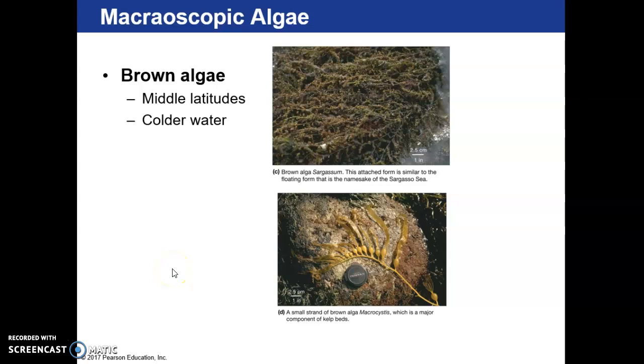Kelp is huge, obviously in size, but also a huge piece of this category as well. This actually is usually found in kelp beds along with a symbiotic organism within kelp beds.